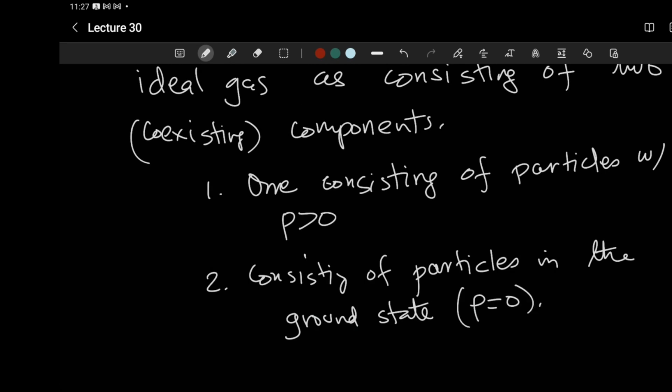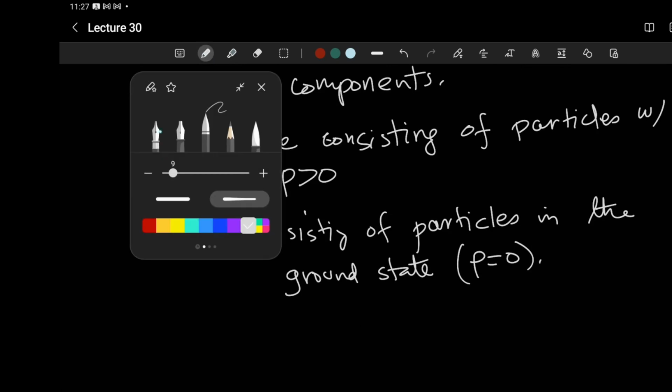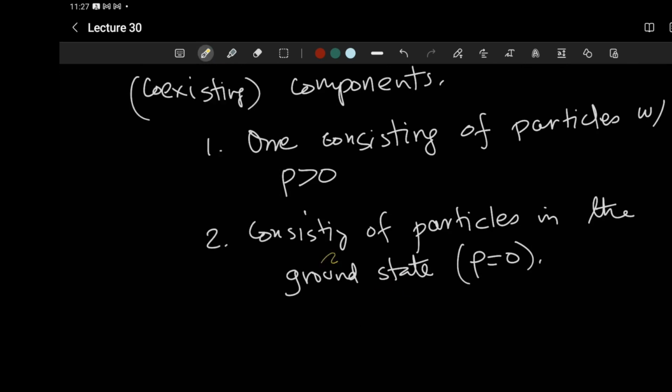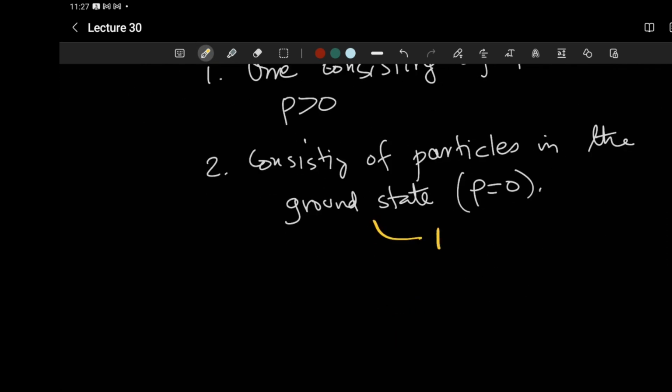So we'll give a name to this guy. This phase we'll call the Bose-Einstein condensate.